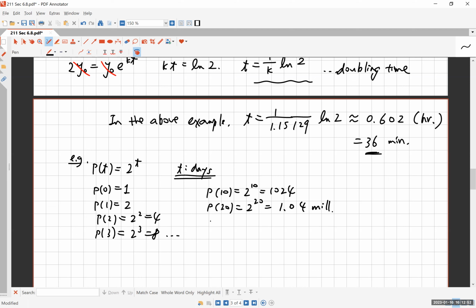Are you serious? Yes, if you wait for 30 days, you'll have 2 to the 30 number of $1 bills, which turns out to be about $1.07 billion. Okay, let's stop after 33 days, because here you'll have 8.6 billion.